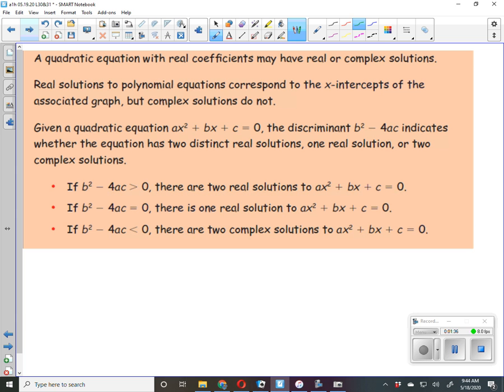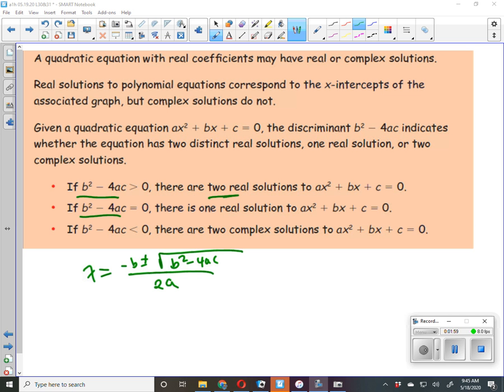One of the things that we talked about in this that we didn't teach before is the discriminant. Don't worry about it, I'm not going to test you on it, but it's beneficial to pay attention to. Under the radical in the quadratic formula, if that number is greater than 0, then you're going to have two real solutions.